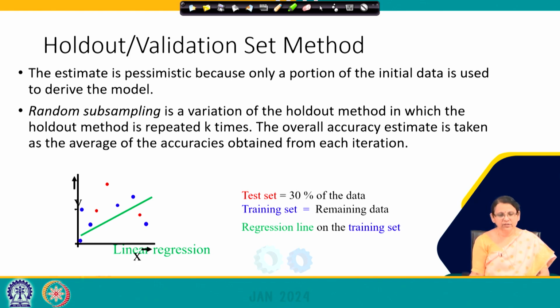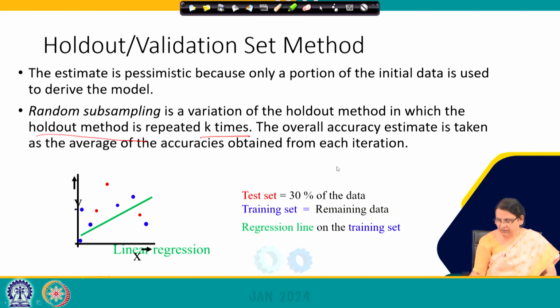A little variation of this is called random subsampling. What it does is carry out this holdout method, and this holdout procedure is repeated k times. The overall accuracy is estimated by taking the average of the accuracies obtained from each iteration.